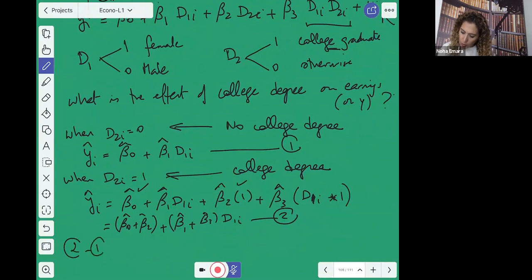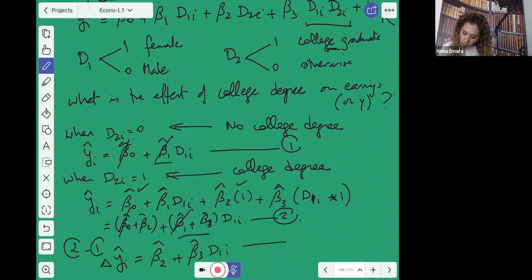The beta naught would cancel, so the change in yi hat, or the change in earnings, because of having a college degree would be beta hat 2, this is the new intercept, and then for this term minus this, the beta 1 would cancel, so I'm left with beta 3, all right? So I'm left with beta hat 3 D1i.